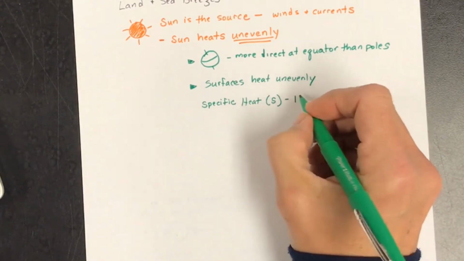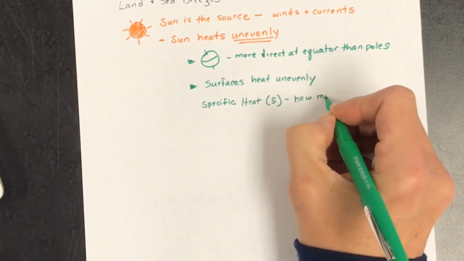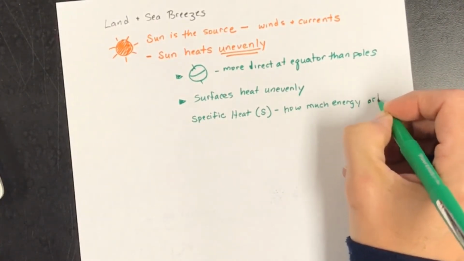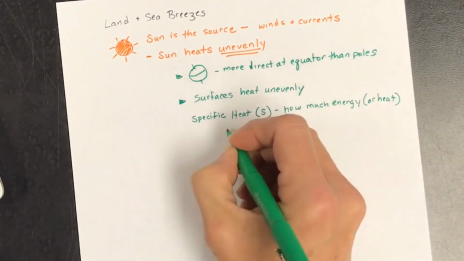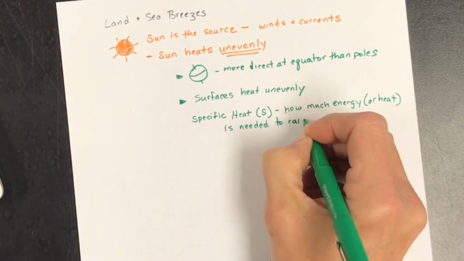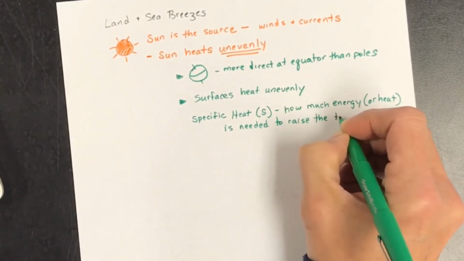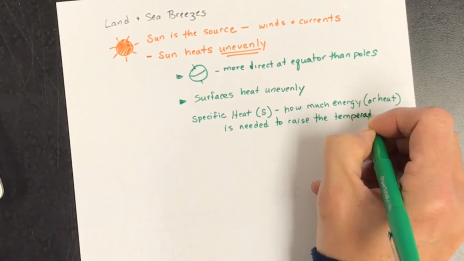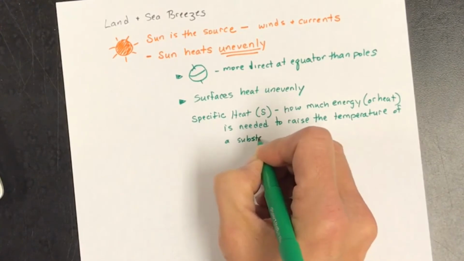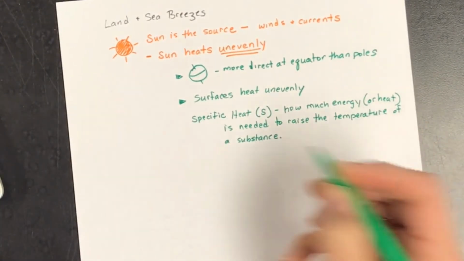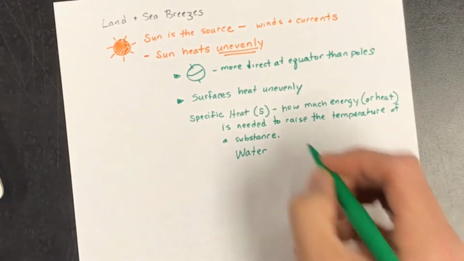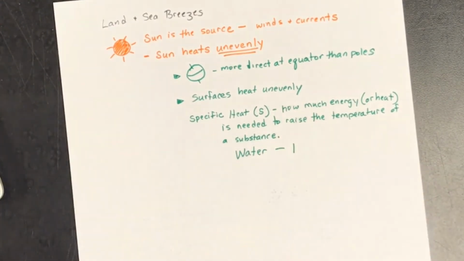So let's see, we'll put how much energy or heat is needed to raise the temperature of a substance. So the specific heat of water is the standard that we use to compare things to, and the water specific heat is 1 actually.